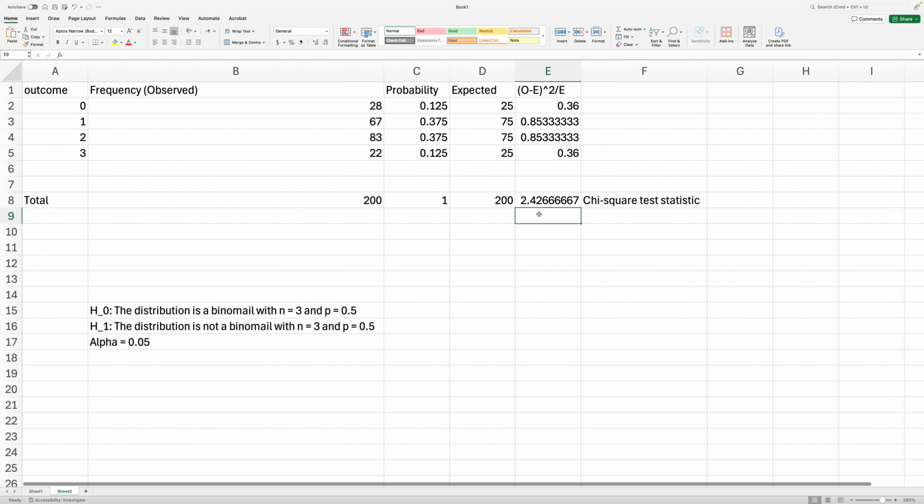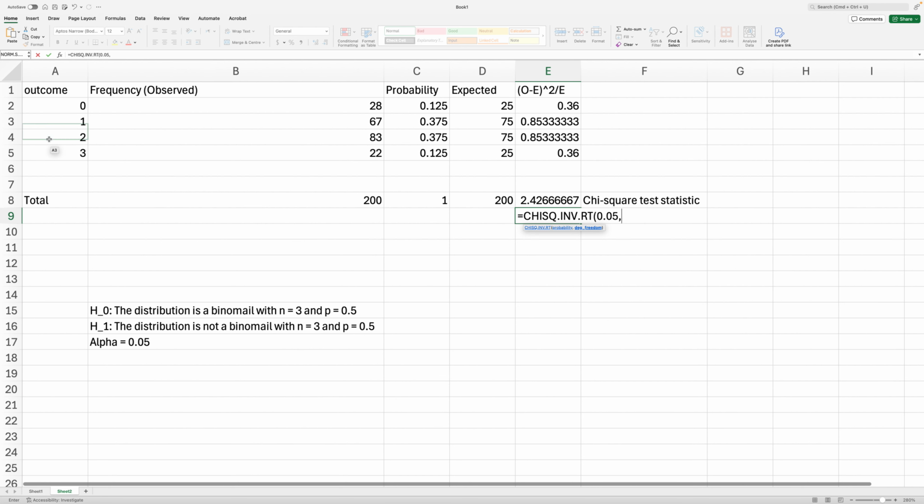Now I need to find the chi-square critical value, or chi-square alpha. So I will write chi-square inverse RT, right tail. And then they ask for the probability, they mean the alpha, comma, and the degree of freedom.